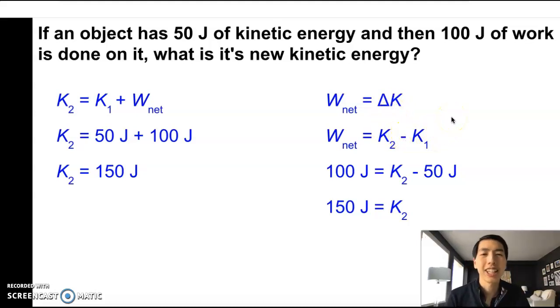Delta anything can be rewritten as final minus initial. Then filling in the values, 100 joules was the work done, and 50 joules was the starting kinetic energy. If I solve for K2, that would be adding 50 to both sides. I get 150 joules, the same answer. That's no surprise because these are the same formulas.